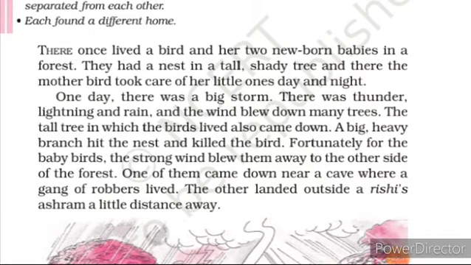Now look at the first line, children. There once lived a bird and her two newborn babies in a forest. They had a nest in a tall, shady tree, and there the mother bird took care of her little ones day and night.